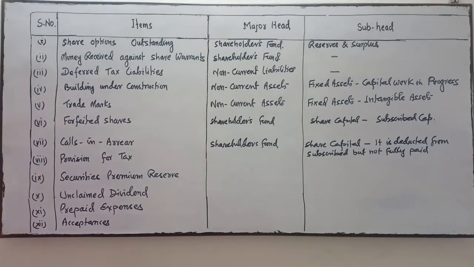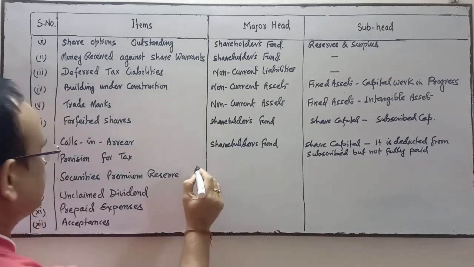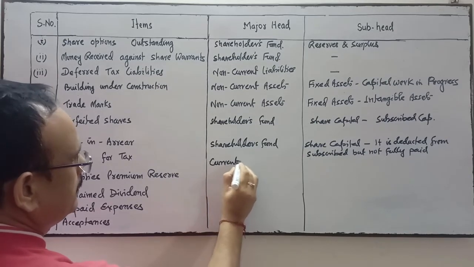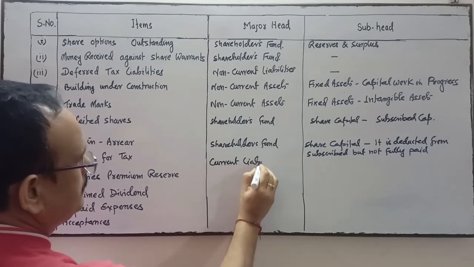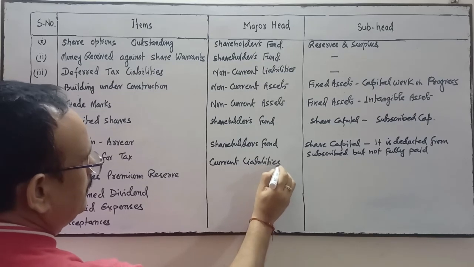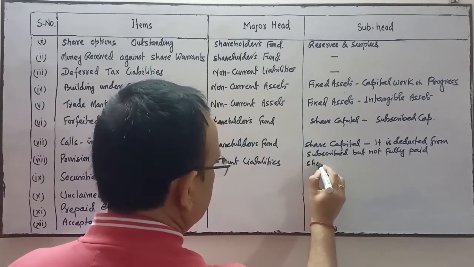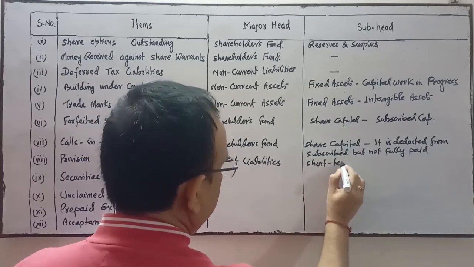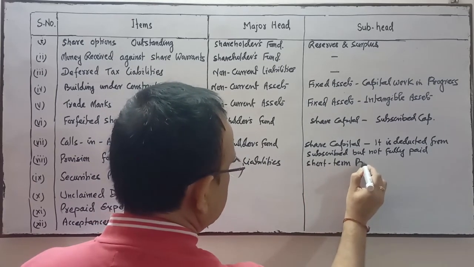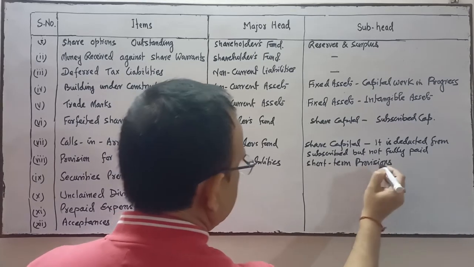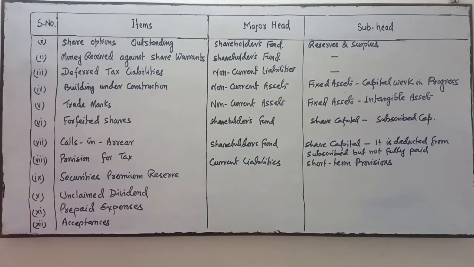Next is provision for tax. Provision for tax comes under the current liabilities. It comes under short term provisions.